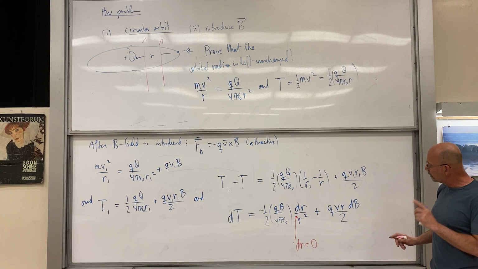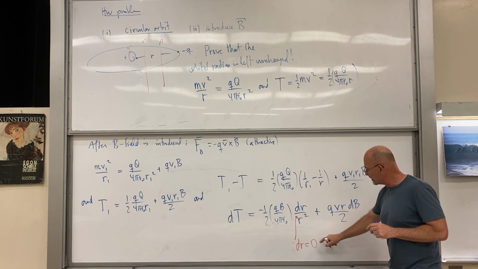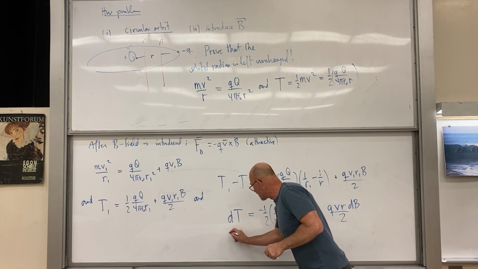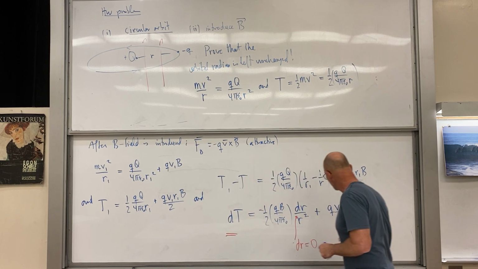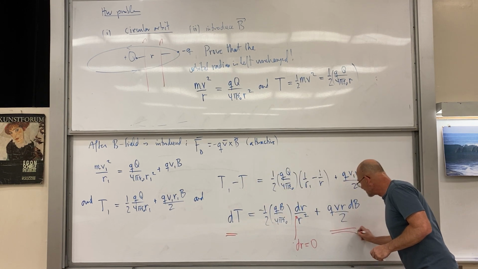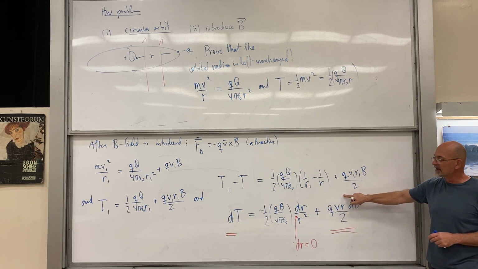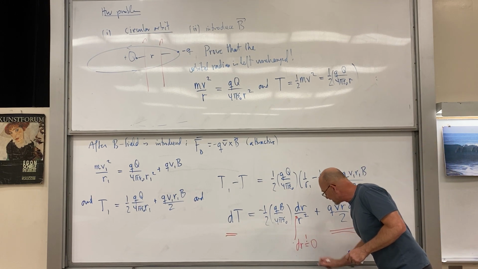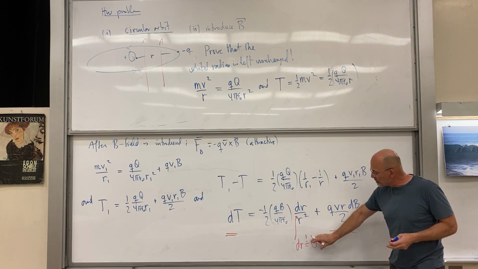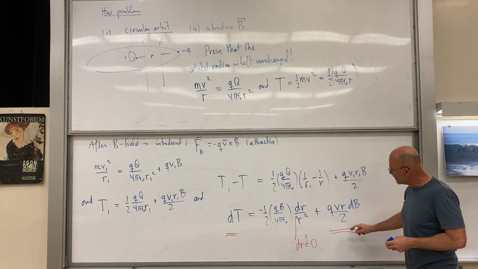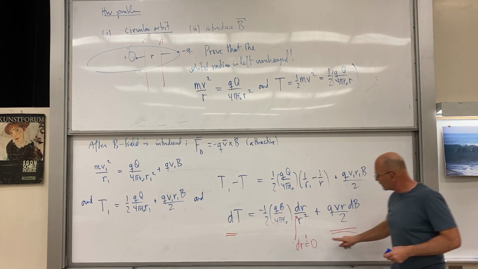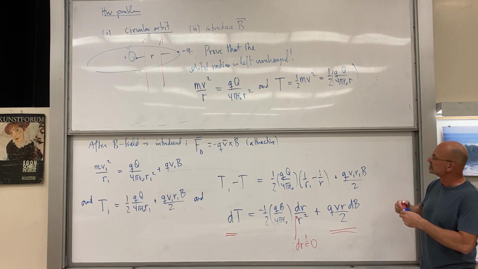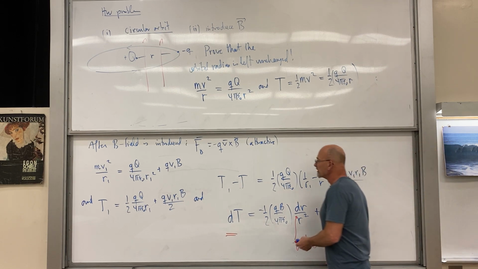But the way we'll prove that dr is equal to 0 is to prove that the change in kinetic energy is actually equal to what's over here, okay? So we required, we proved that dr is equal to 0 by proving that these two sides are equal. So that is our task.